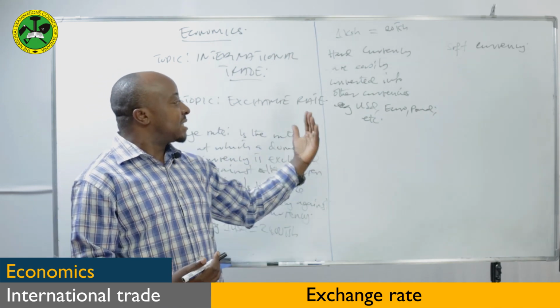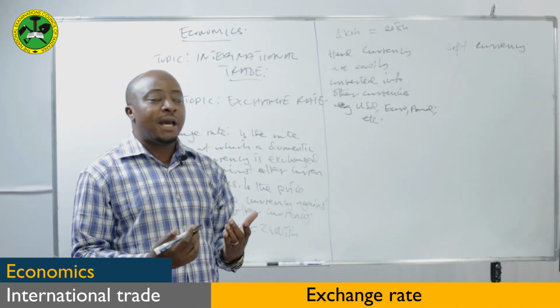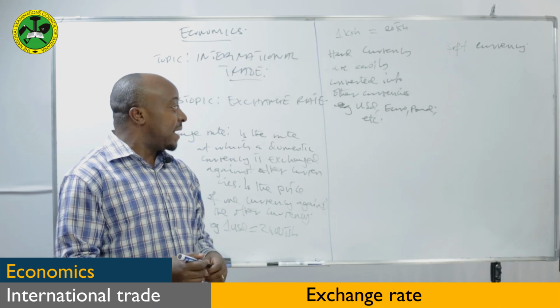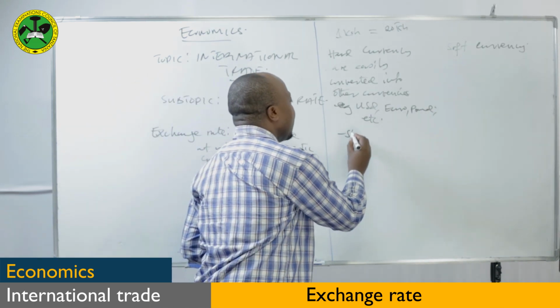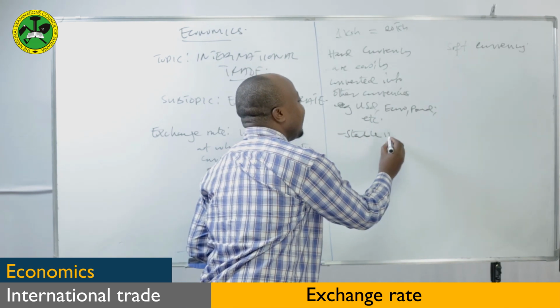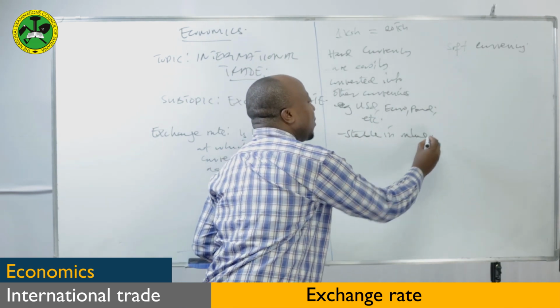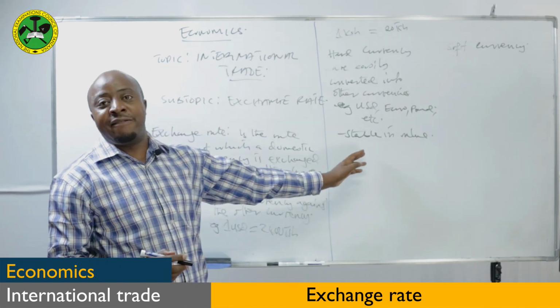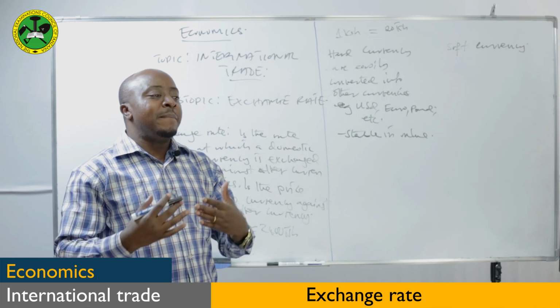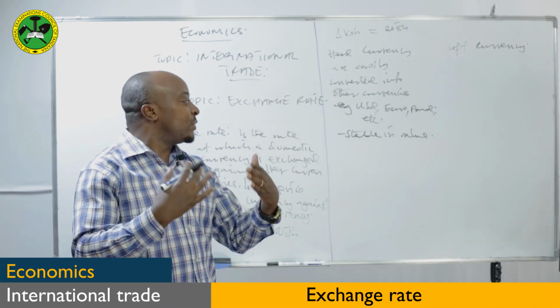But what makes these currencies hard and easy to convert? We have some reasons. For example, one of the reasons is that these currencies are stable in value. It means all hard currencies are stable in value. That means their value cannot fluctuate easily.